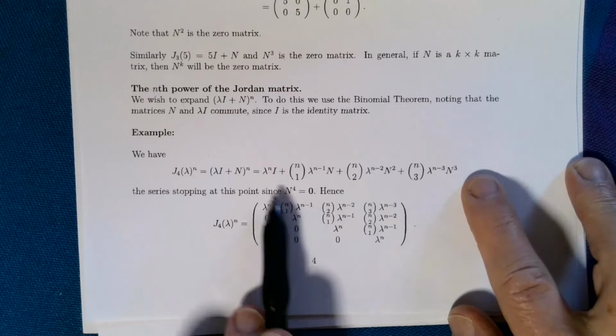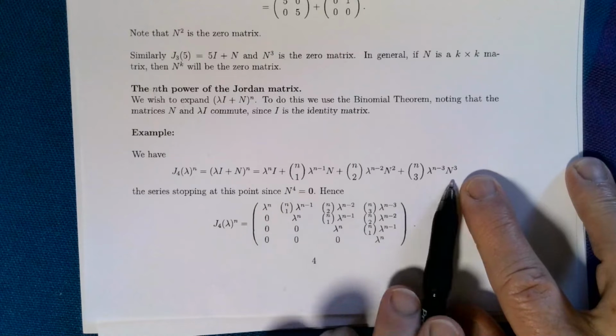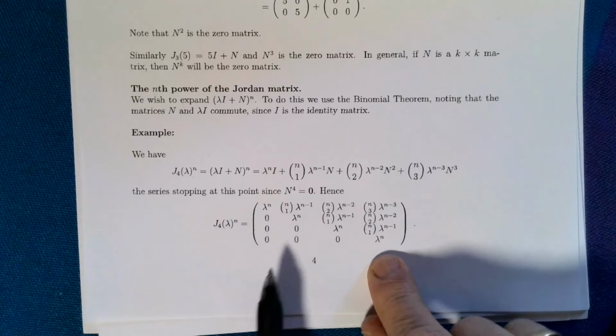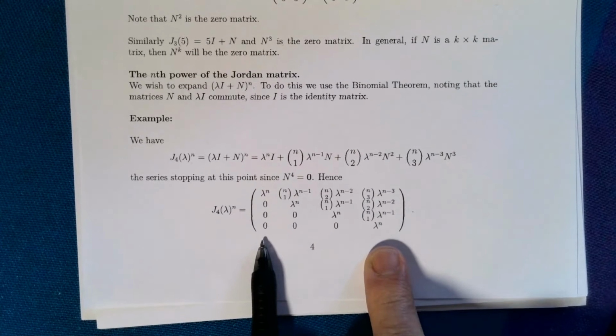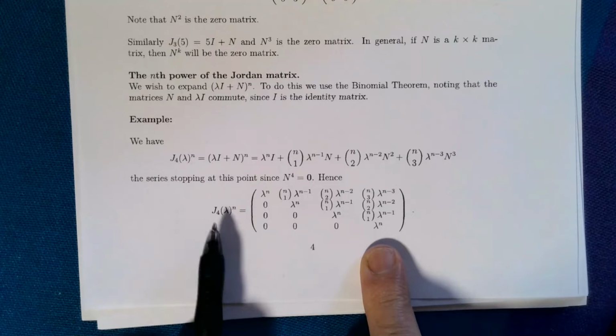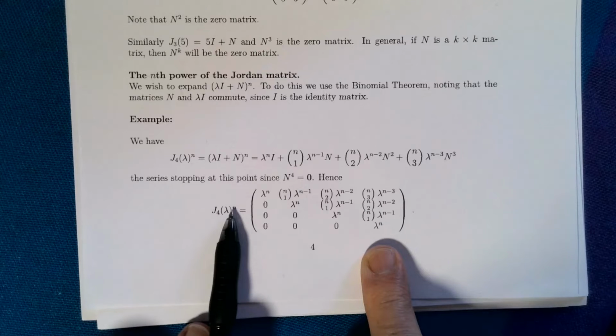I can put this back, write this mess down in matrix form, and this is what you get. So just enjoy the form of this and the patterns here. I've got a 4x4 Jordan block, taking the nth power of it.